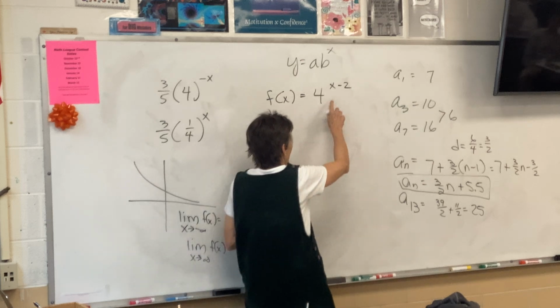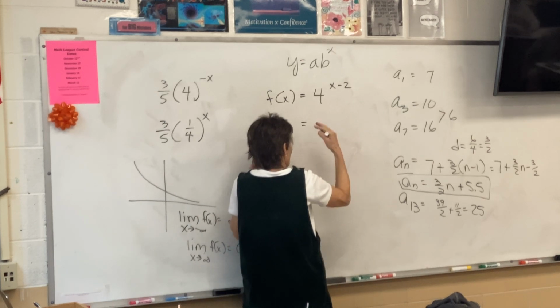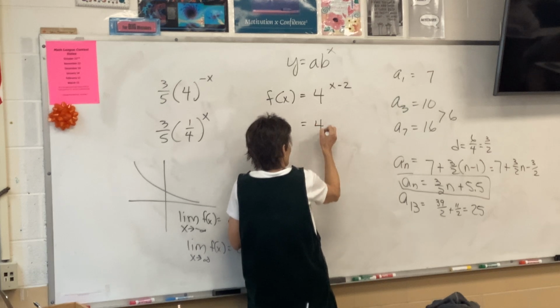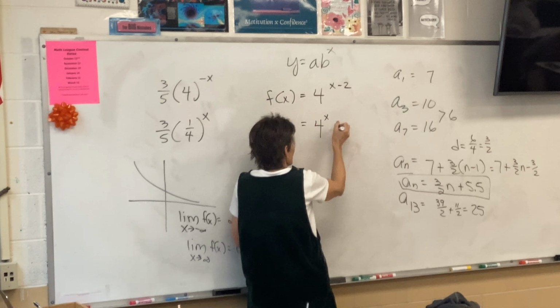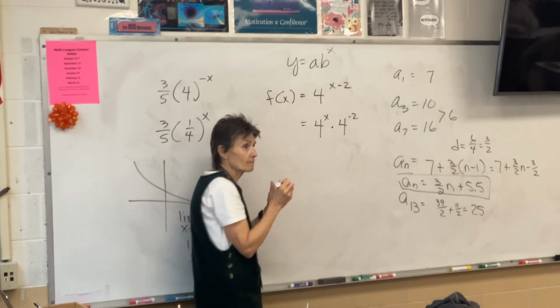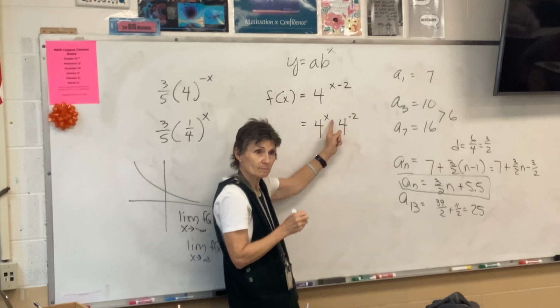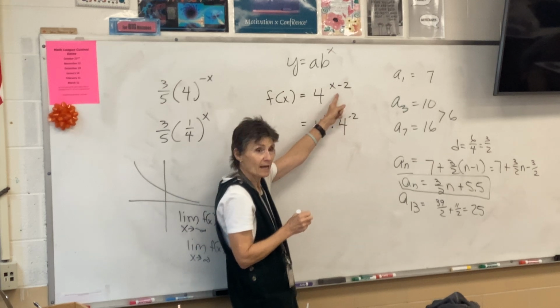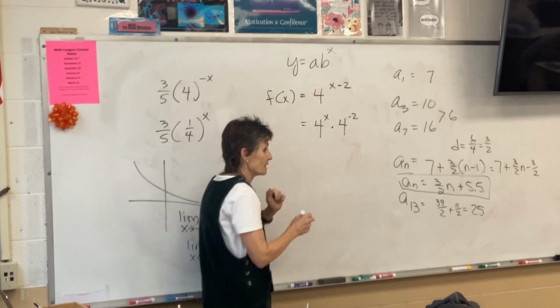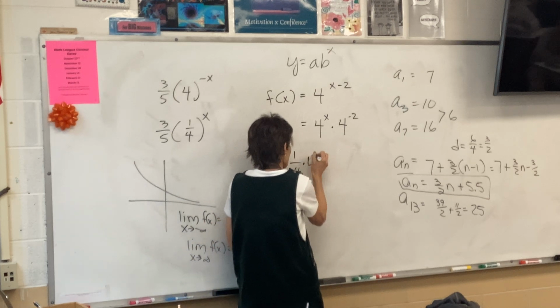So we recognize, what does this mean algebraically? 4 to the x times 4 to the negative second? Because wouldn't we add these exponents? Can we get that? What's 4 to the negative second? 1/16 times 4 to the x.